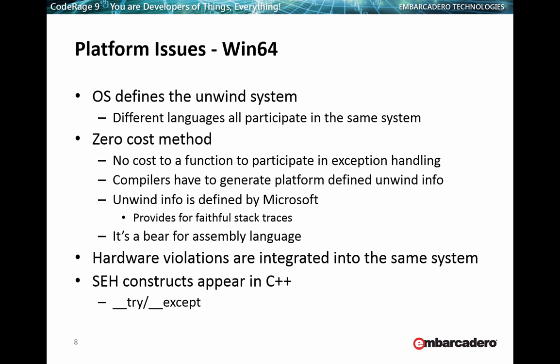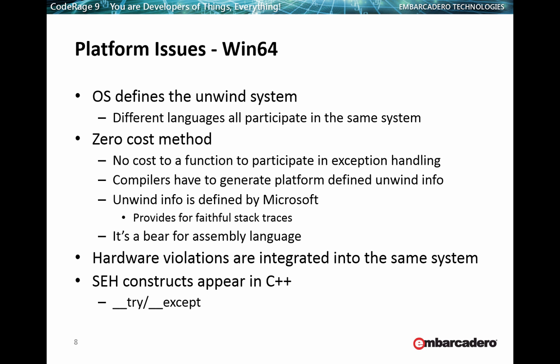Win64. So again, the operating system defines the unwind system, and different languages all participate in the same system. It's a zero-cost method. It's a PC map system, so you don't have to install handlers in functions as you enter them. The compilers have to generate a platform-defined unwind info. The unwind info is actually defined by Microsoft, and it's very detailed.